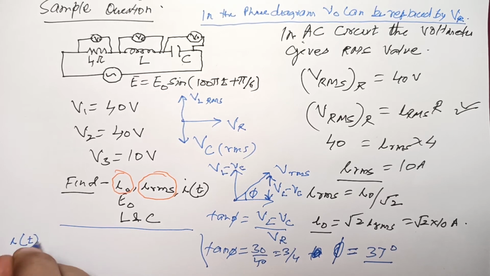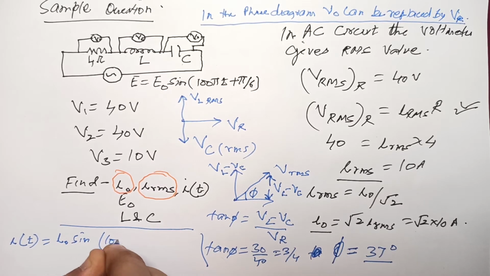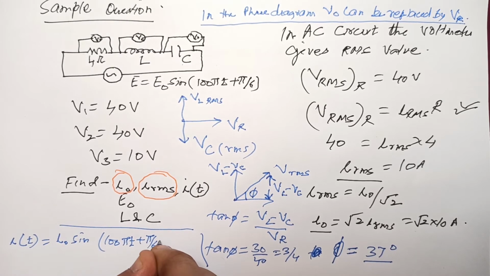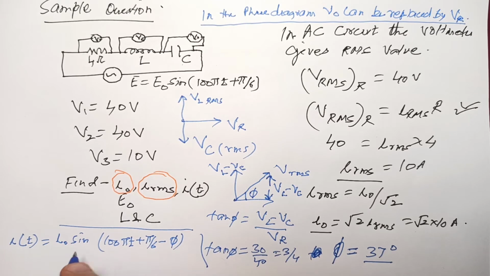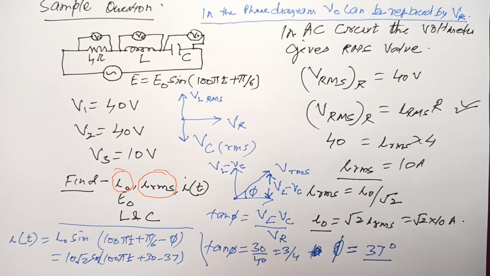IT is equal to I naught sine of 100 pi t plus pi by 6 minus phi, or I can say 10 root 2 sine of 100 pi t plus 30 minus 37 degrees.